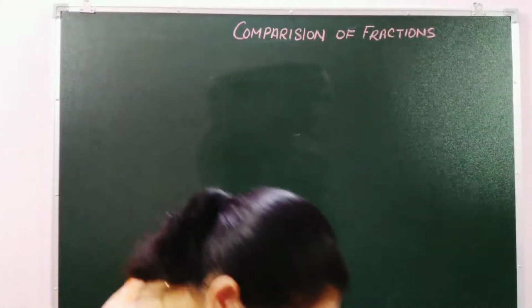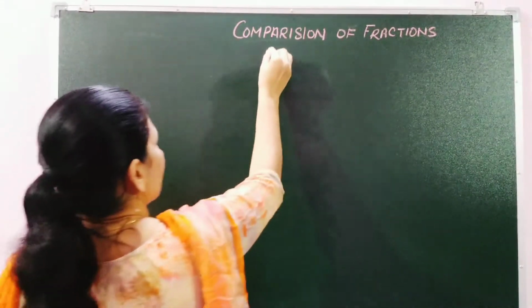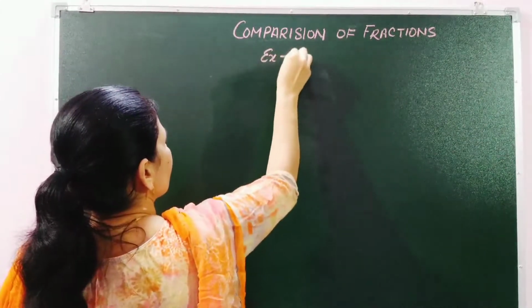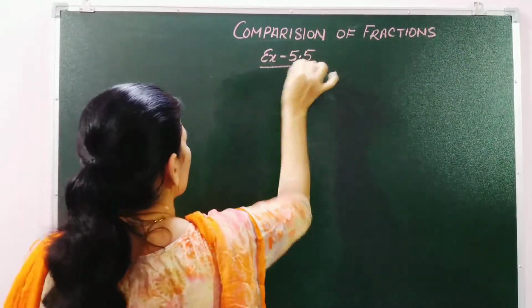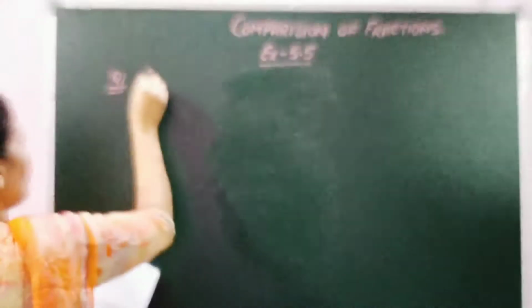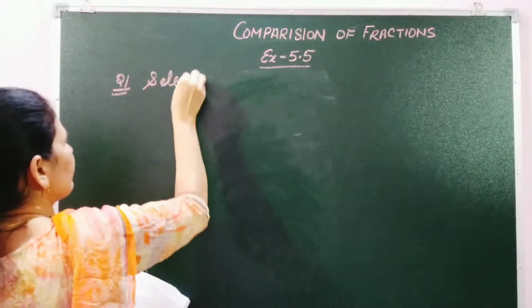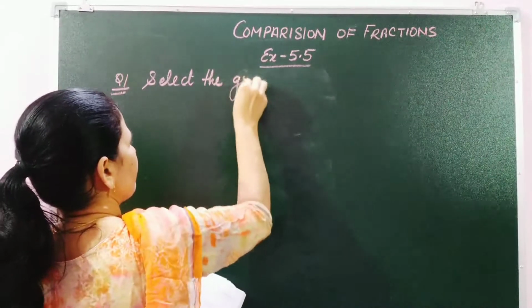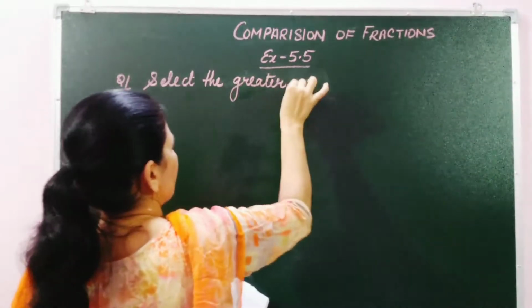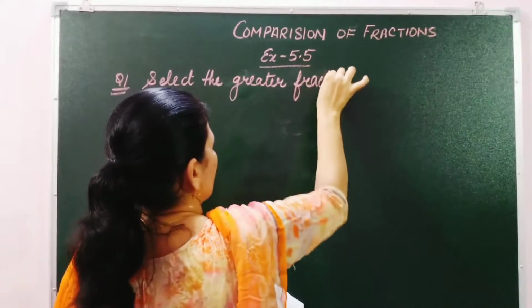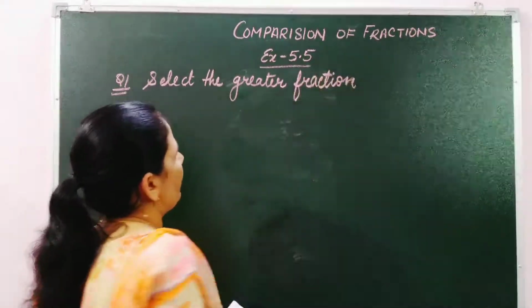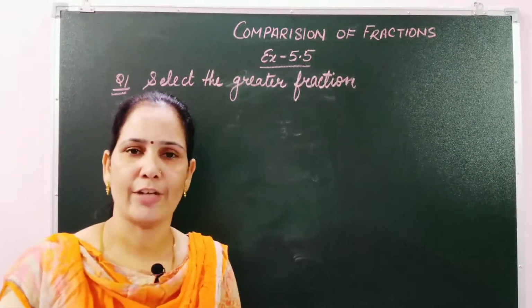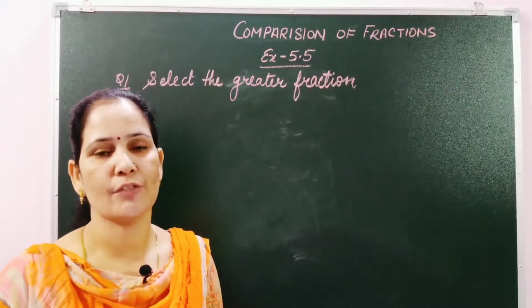Select the greater one. They have given some pairs of fractions, and out of these pairs we have to select the greater one. So first I am going to write the pairs.